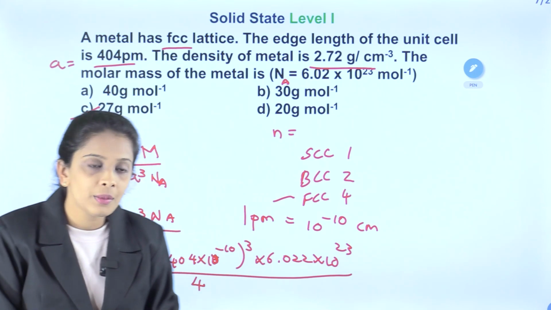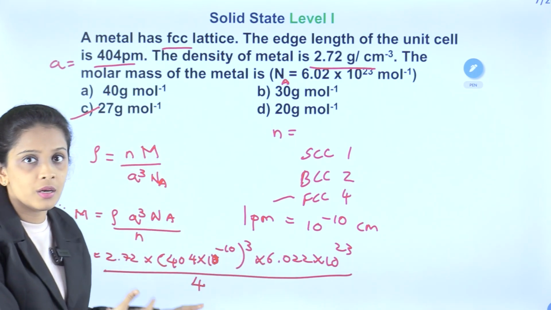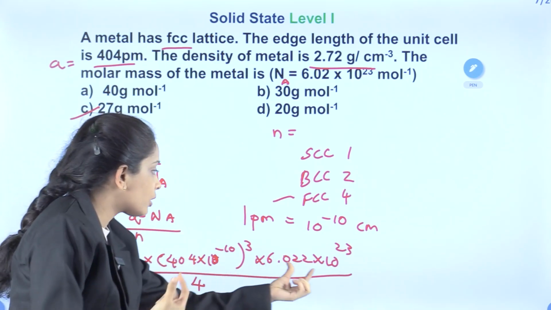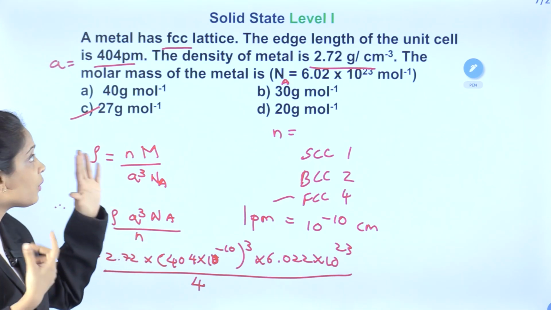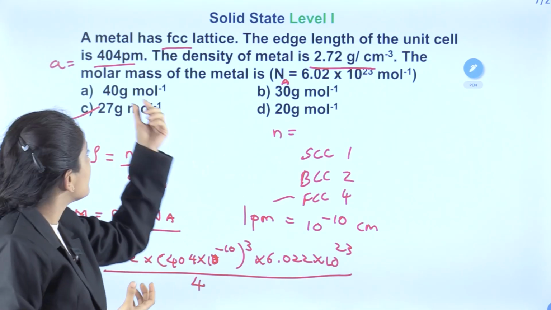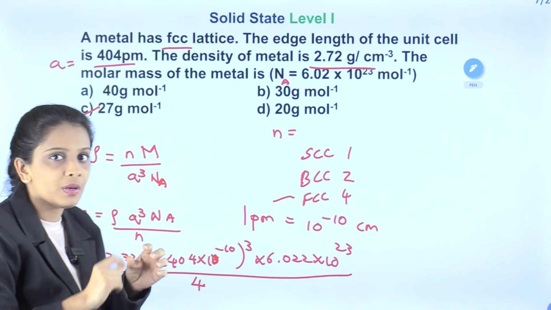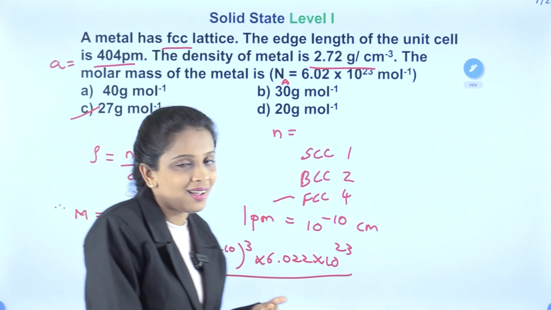Obviously a log table will be provided to you. If it is there, you will be able to get the direct answer from the log table, or you can just approximate a few values and try to reach the answer. Why? Because if you can see, the options are not very close to each other. There is some gap in between them.